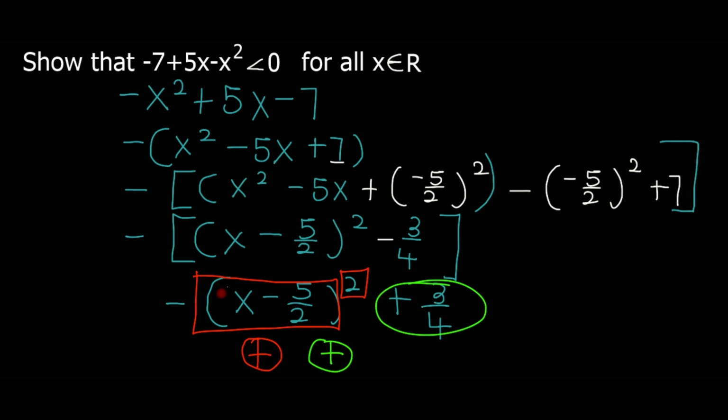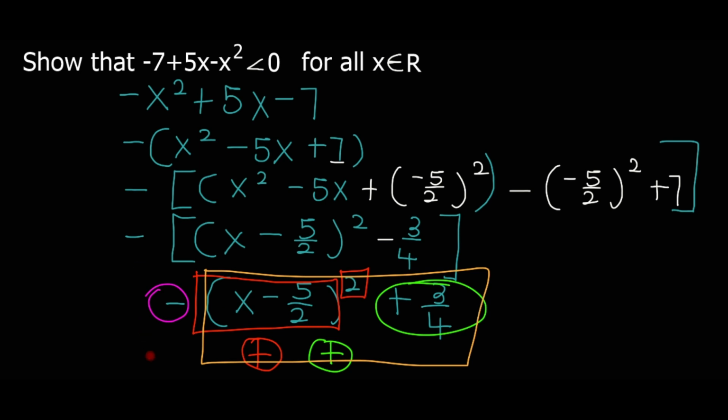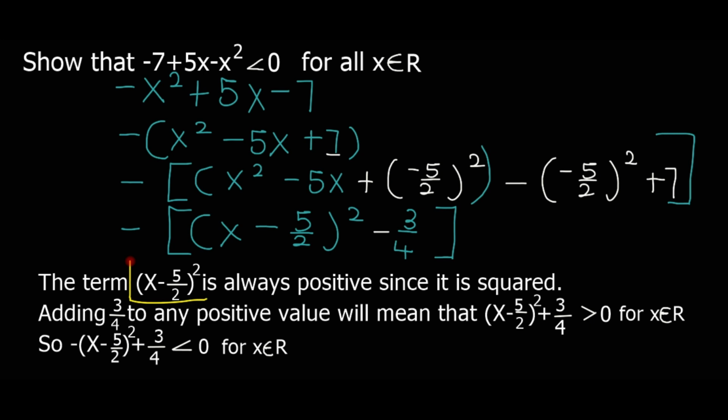But now because re multiply ka negative sign, re la gore tlo phela re kry-a negative because more provile gore this part ke positive, so re la gore negative times positive e tla phela e le negative, so re provile in this way. So in short re tlo ngwala in this way: the term x minus 5 over 2 all squared is always positive since it is squared.